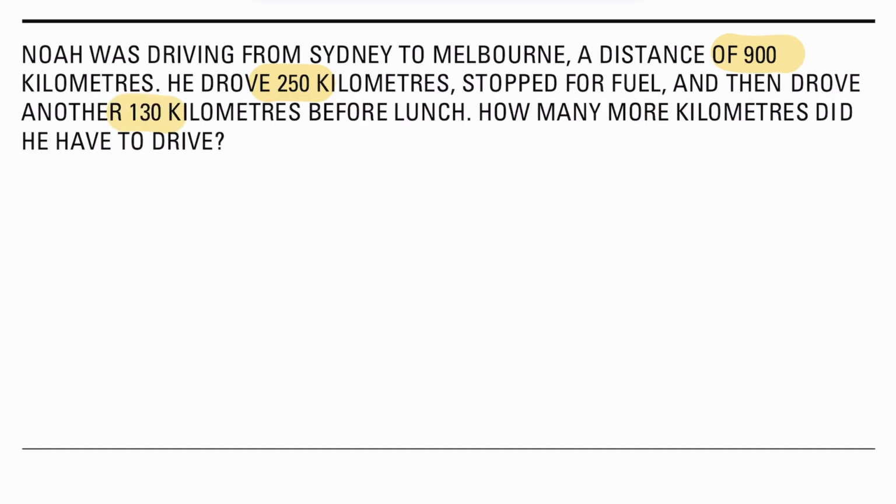And so because it says how many more kilometres did he have to drive, we would then look for a total and we would subtract what he's already done. And so it's similar to the money problems where we had the total amount in the bank account and we took away or found the difference between what he spent and what he had originally to find what he was left with. And so Noah, in this case, he's looking to drive from Sydney to Melbourne, which is 900 kilometres. We would then need to subtract 250 and 130.